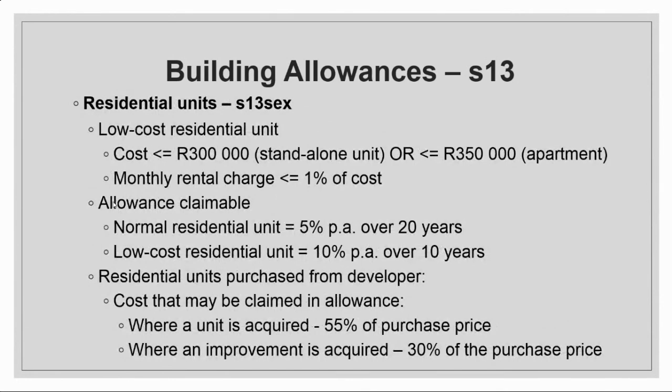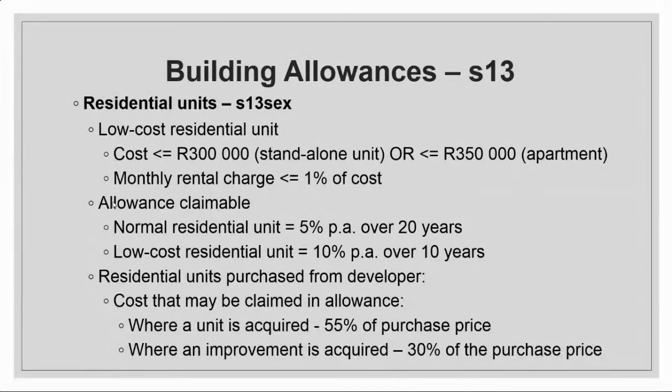If you've got residential units, you have to look at whether it is a low-cost unit or a normal residential unit. If it's a low-cost residential unit that's standalone, it must be less than 300,000.